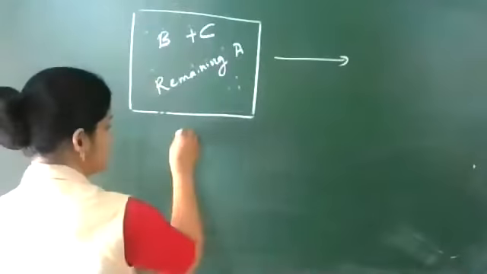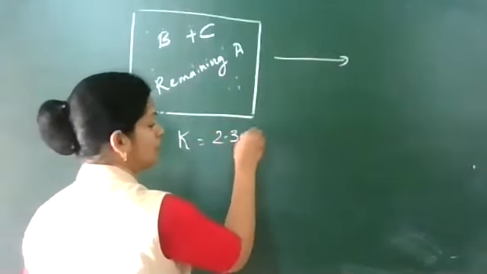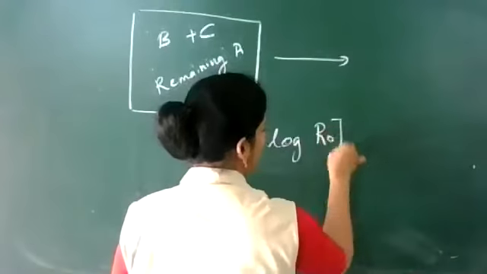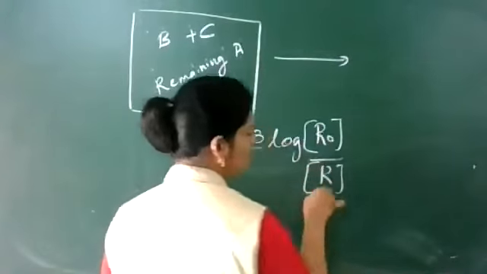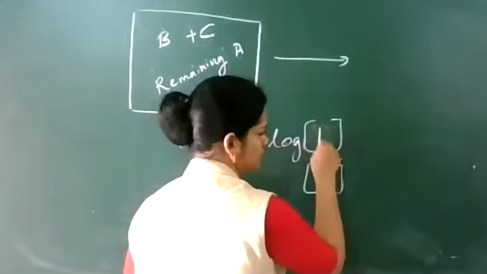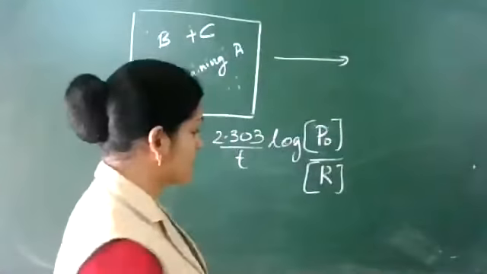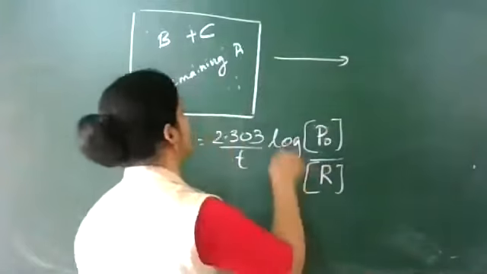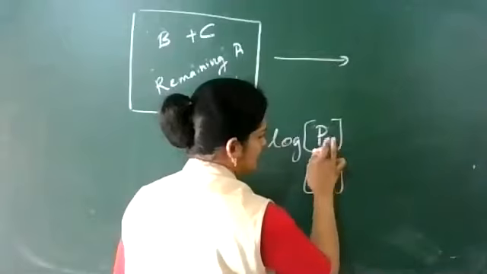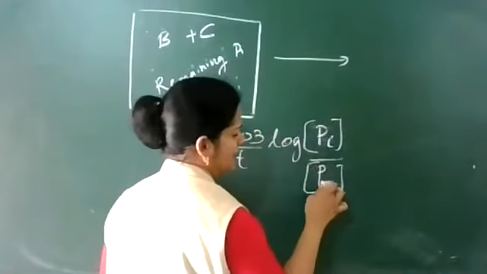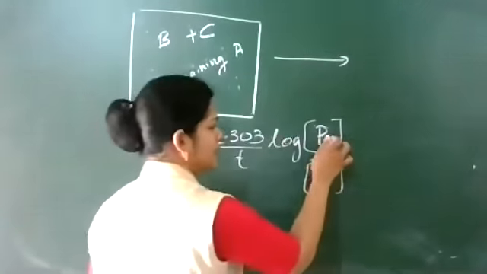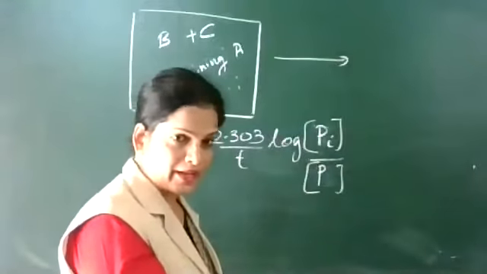In that equation, K is equal to 2.303 upon t, log R0 upon R. Concentration of the gas, that is pressure, P naught, and the concentration of the remaining reactant, that is remaining A, write it as P. Initially, you can write P naught, no problem, or Pi.